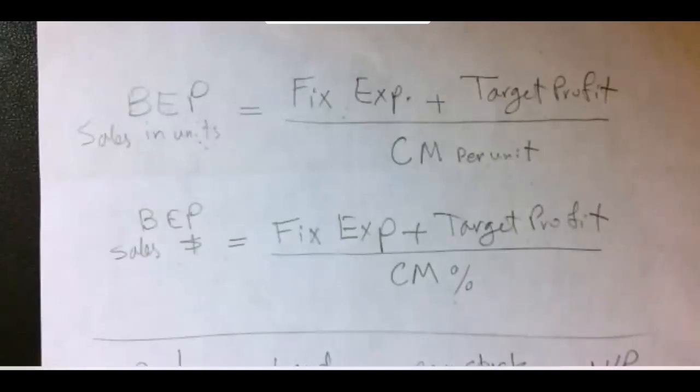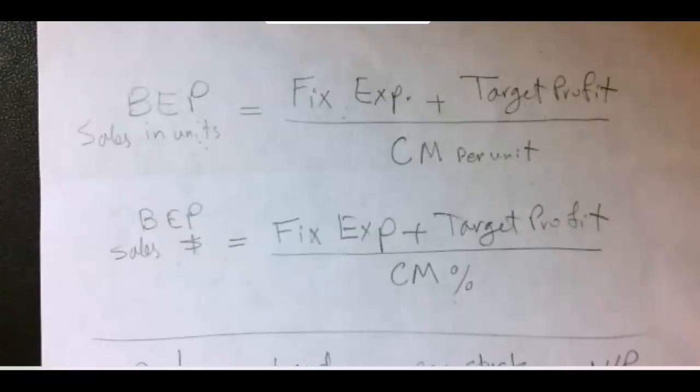So if you are normally selling, let's say, 100 units and you break even at 100 units, now if you sell, let's say, 140 units, then your margin of safety is 140 minus 100. That gives you 40 units of sales for margin of safety.